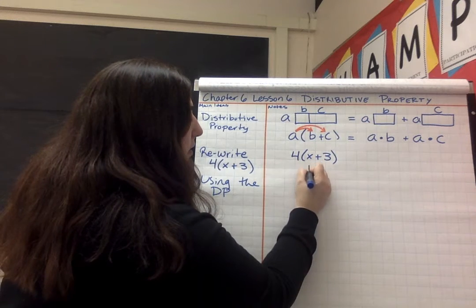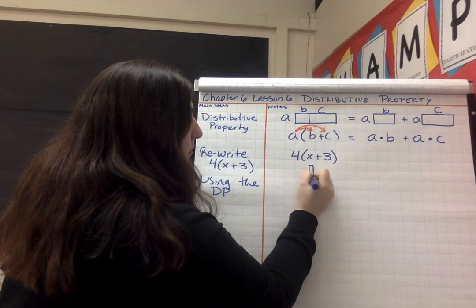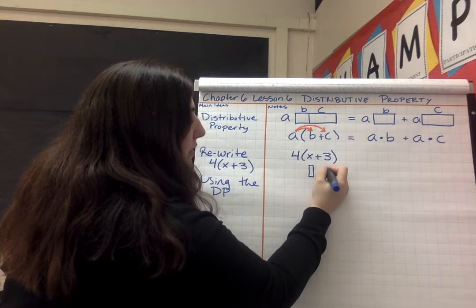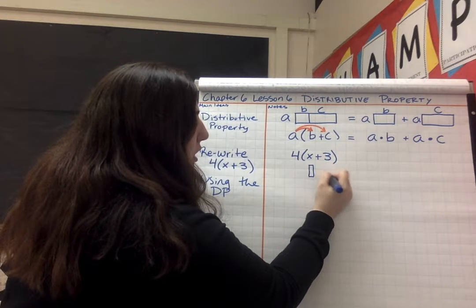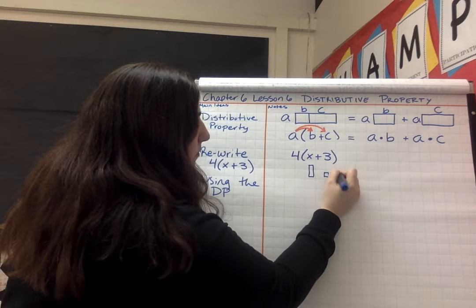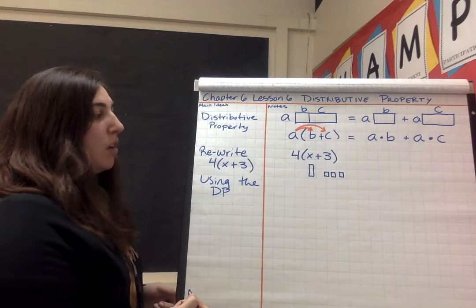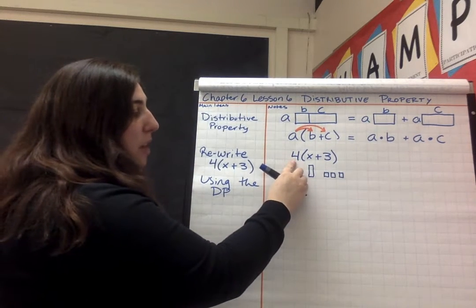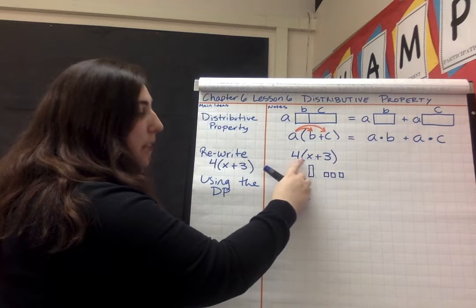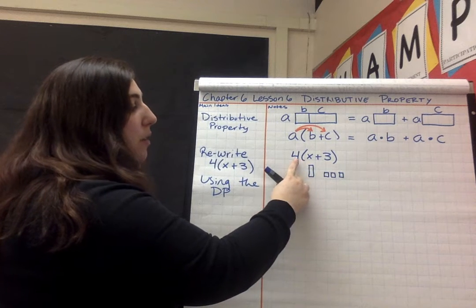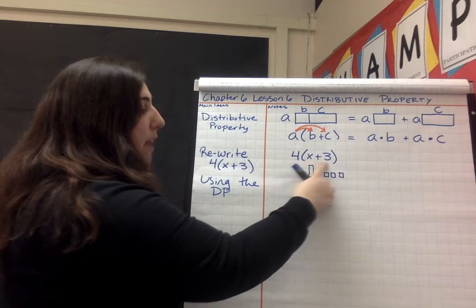Okay, so x, here's a French fry, plus 3 chicken nuggets. Okay, but this 4 on the outside tells me that I have 4 sets of x plus 3, or that I have 4 groups of x plus 3.